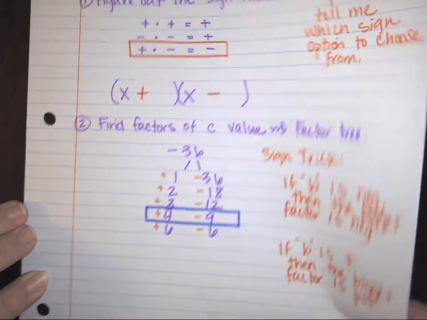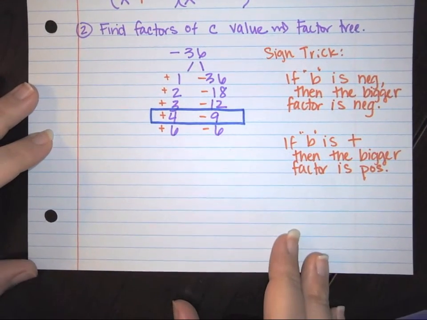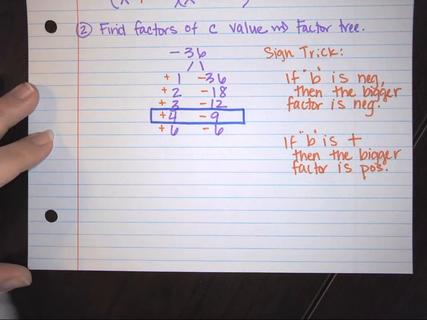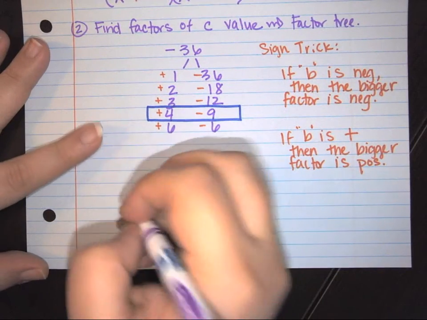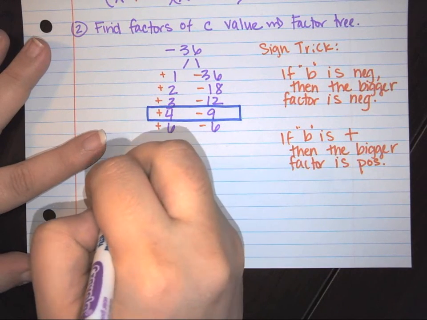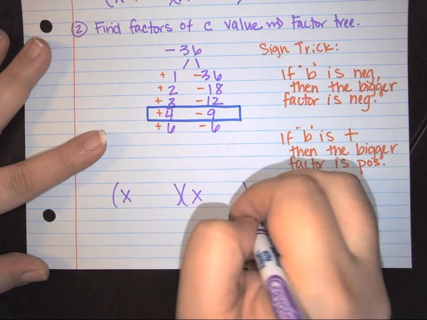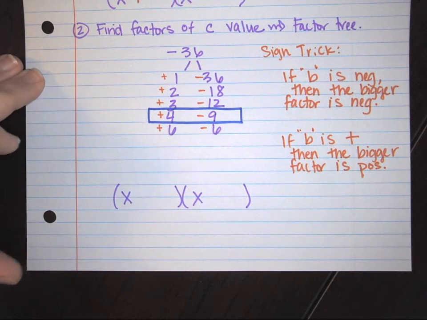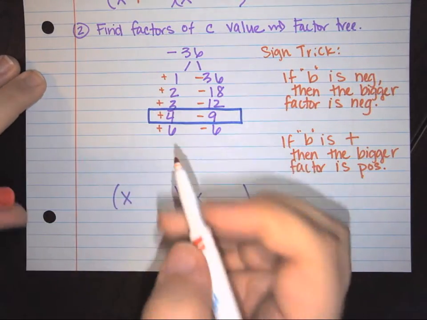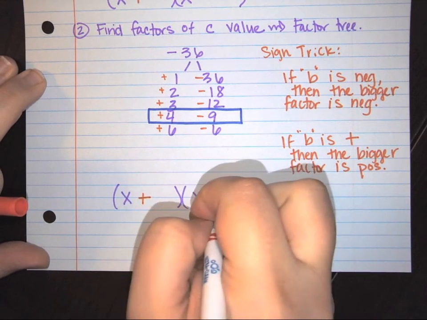So therefore, we now have solved our problem. Once you figure out which factors to use, you just simply have to plug them in. So remember, we started with x and x. We then input our signs to be one positive and one negative.